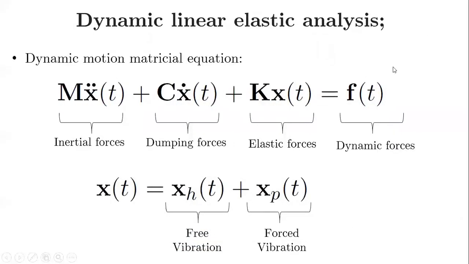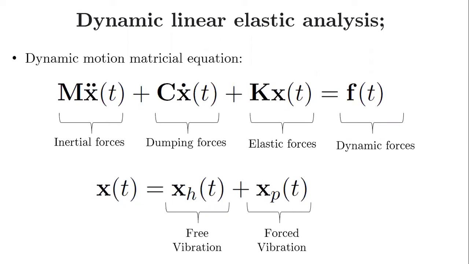The second type of analysis treated here refers to dynamic linear elastic analysis. In this analysis, the dynamic motion matricial equation must be satisfied. By looking at the left-hand side of the equation, the first term refers to the inertial forces, where M is the mass matrix and x double dot is the acceleration vector.